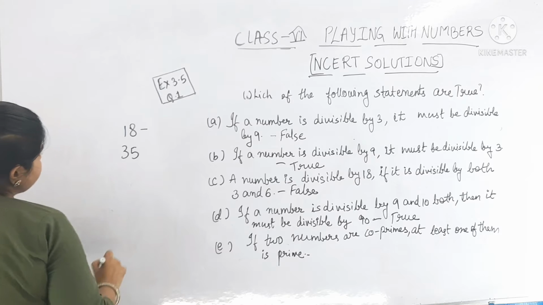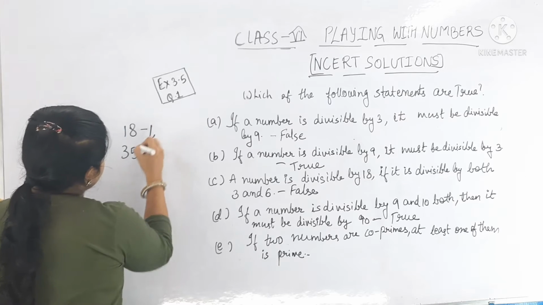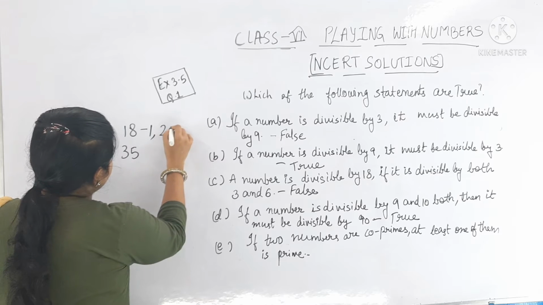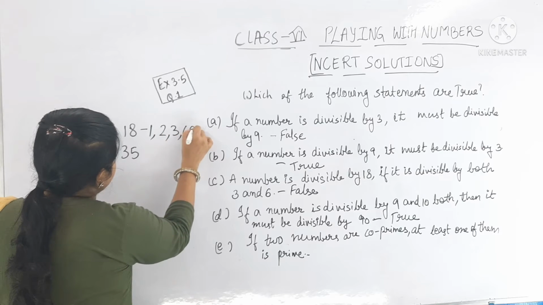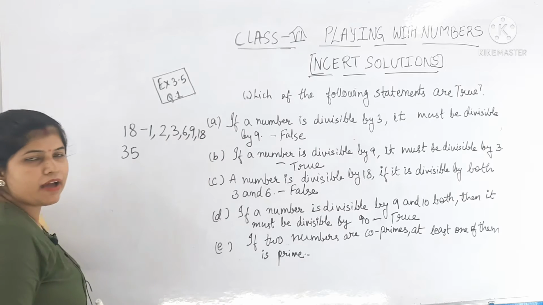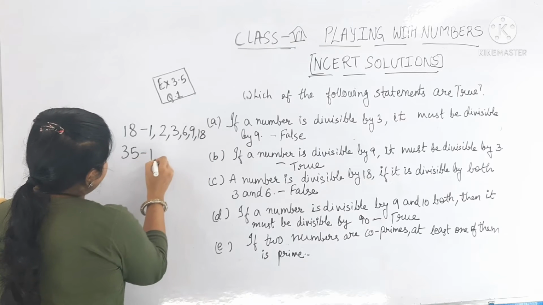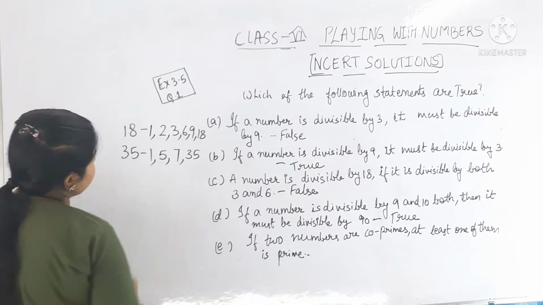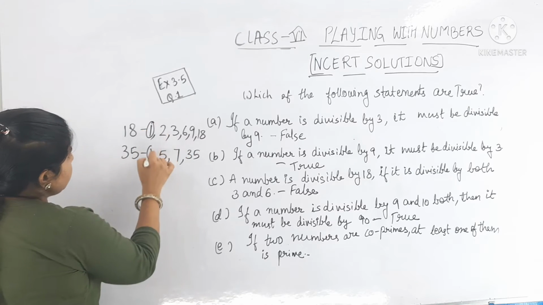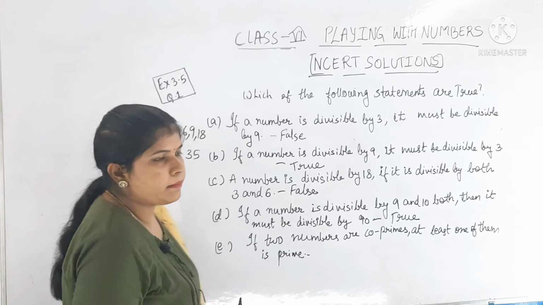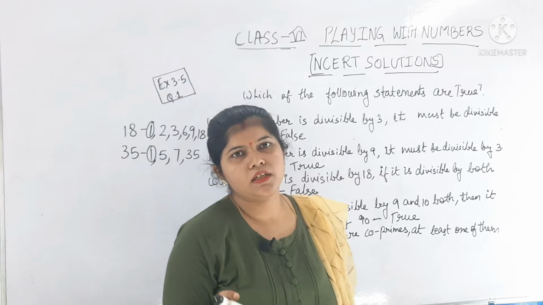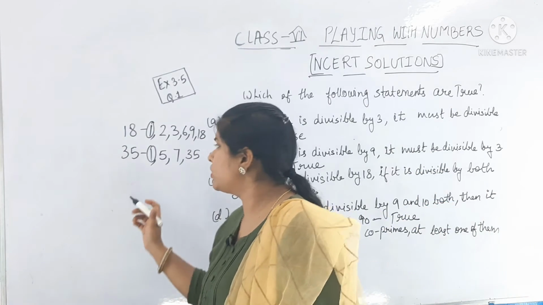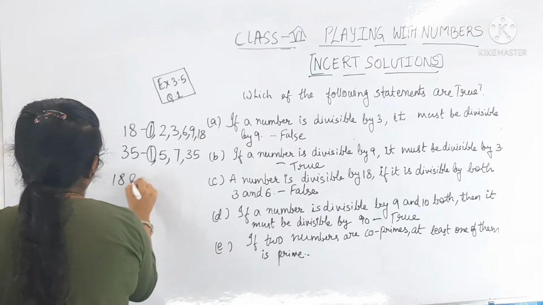The factors of 18 are 1, 2, 3, 6, 9, 18, and the factors of 35 are 1, 5, 7, 35. Here 1 is the common factor. For co-primes, the common factor of both numbers will be 1.